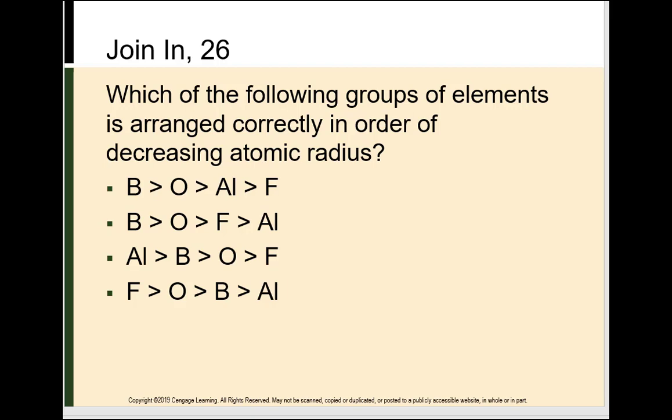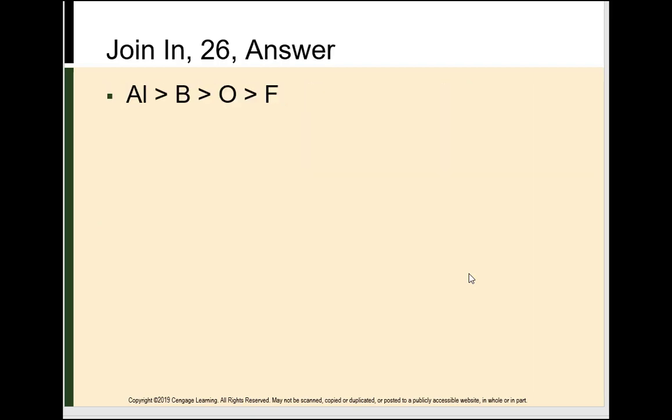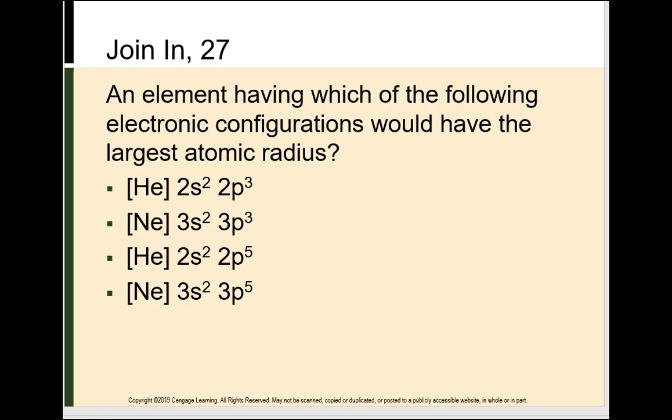I hope that you're pausing your video here so that you can actually get some good attempts. Decreasing atomic radius for these samples, pause and try to figure that out looking at your periodic table. Should be your answer. Which would have the largest atomic radius?